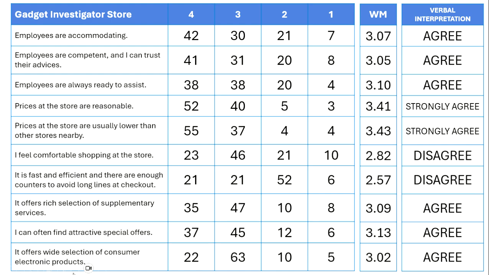Then you can combine the statements for the various selection of products with the employees since they have the same verbal interpretation. Again, if it is in textual form, you need to present this from highest to lowest, with the category of the verbal interpretation.